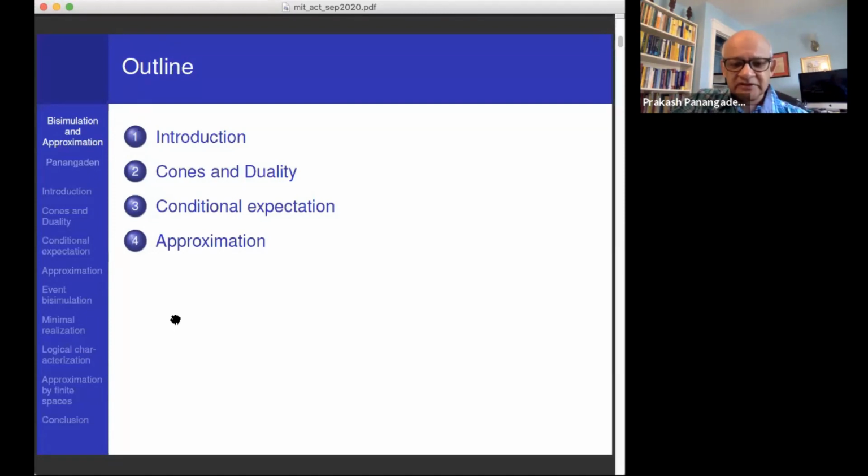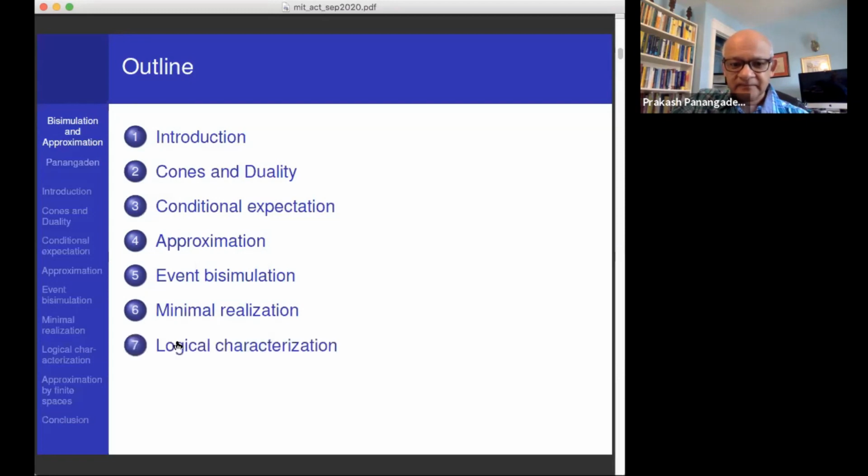Approximation was introduced in the second of the three talks, and bisimulation as well, but here I'll talk about something slightly different but closely related, called event bisimulation. Then I'll talk about minimal realization of Markov processes and how that minimal realization is constructed through a logical characterization theorem. And finally, I'll show how the approximations are actually by finite spaces. And then I'll conclude with the conclusion.